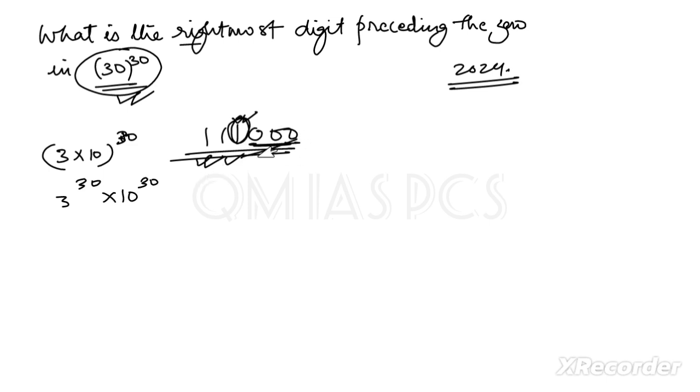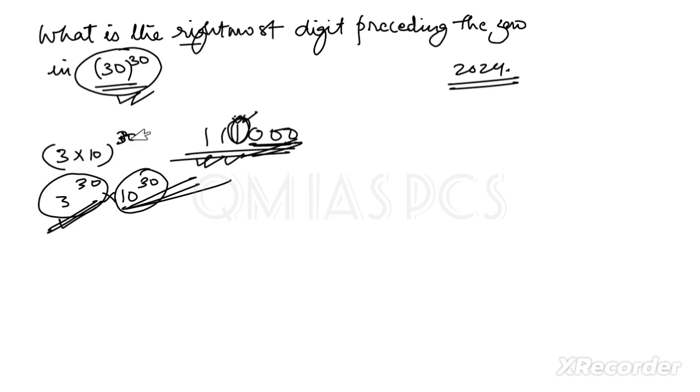Whatever 0s are there, we are separating them. We are removing the 0s, which means removing the 10. Now we have left only 3 power 30.